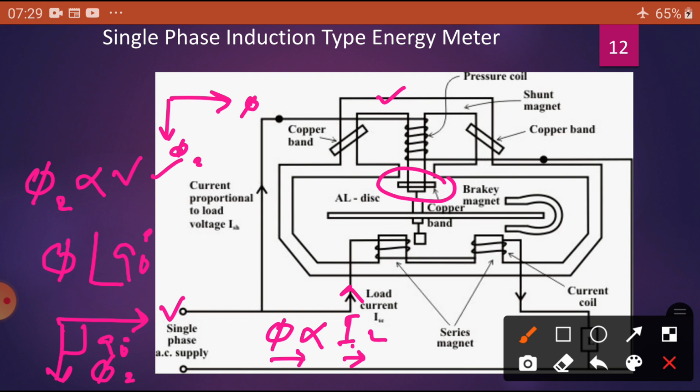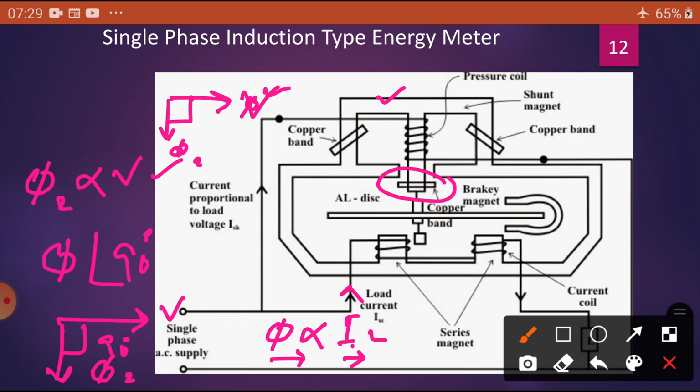This one depends upon the voltage, that one depends upon the current. Phi2 is produced due to the voltage, but the phase angle is 90 degrees, and exactly 90 degrees can be adjusted to produce the deflecting torque.